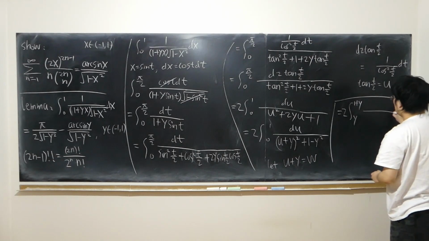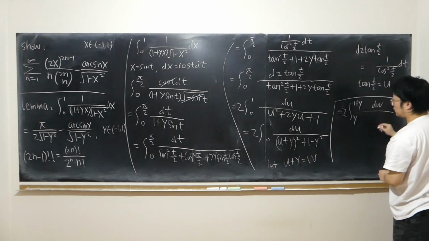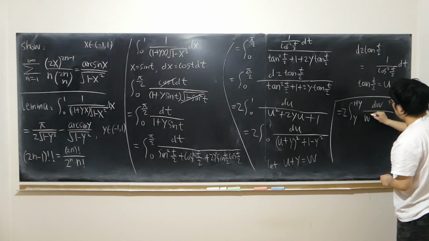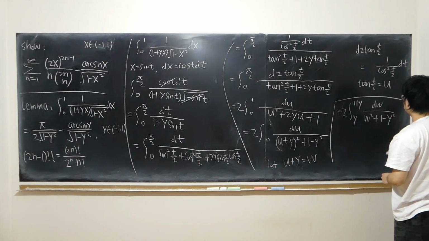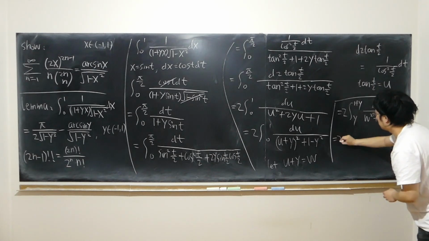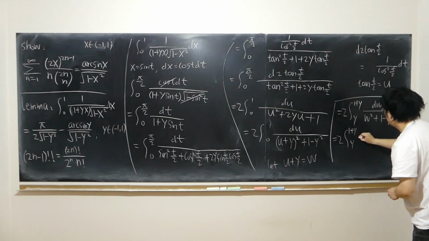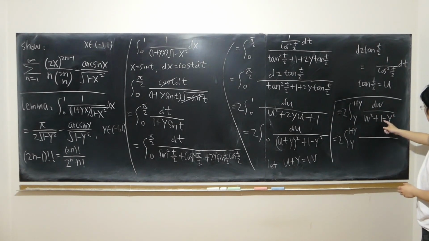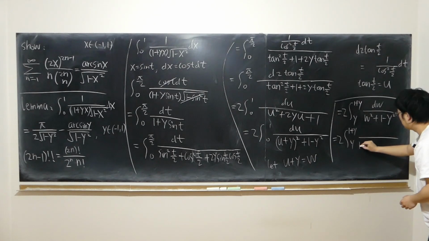And du becomes dw. The bottom is w squared plus 1 minus y squared. Obviously I'm going to turn this into 1, so I just extract 1 minus y squared.